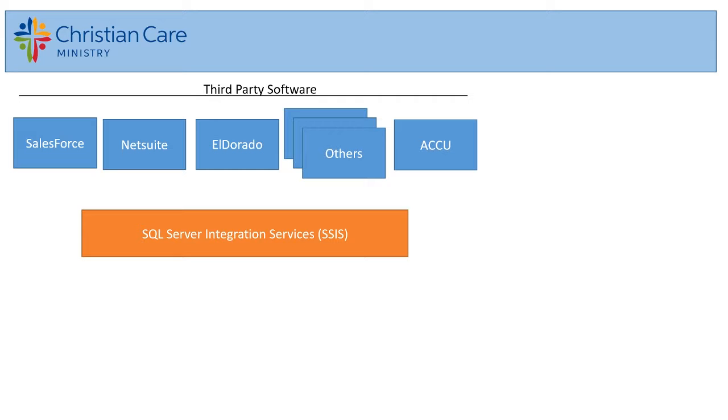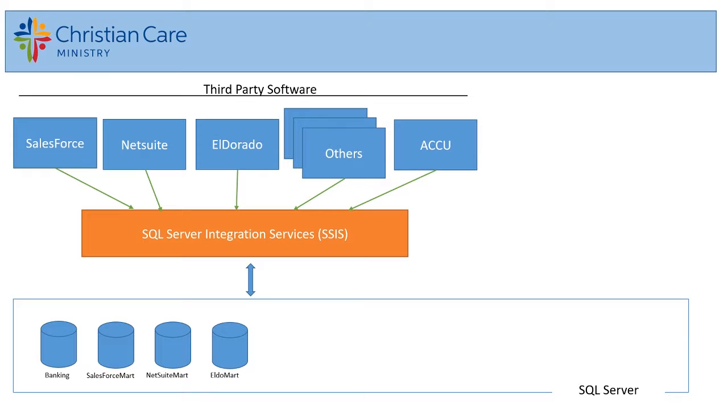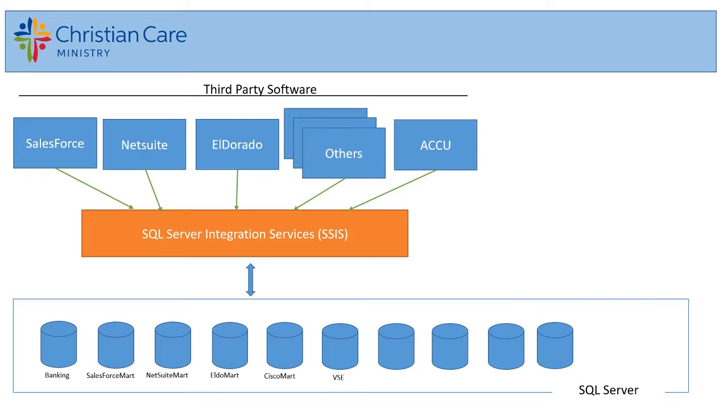What SSIS does is it takes data from these databases and puts it into a SQL Server located on our premise. The SQL Server has multiple databases in the production database server. This includes banking, Salesforce Mart, NetSuite Mart, Eldo Mart, Cisco Mart, VSE, and many, many others.